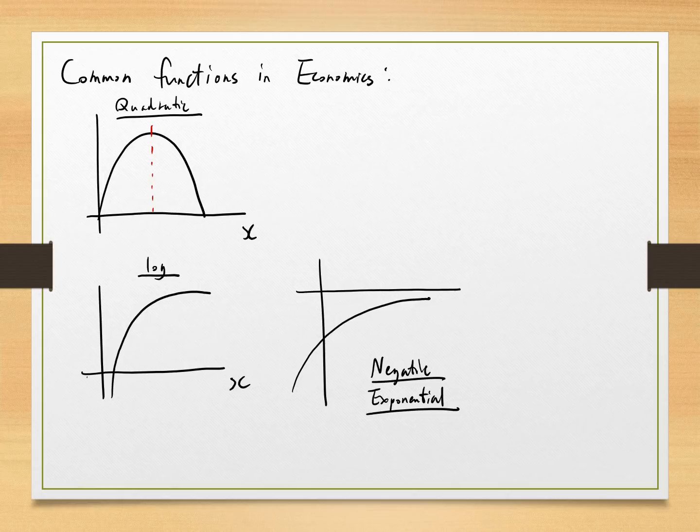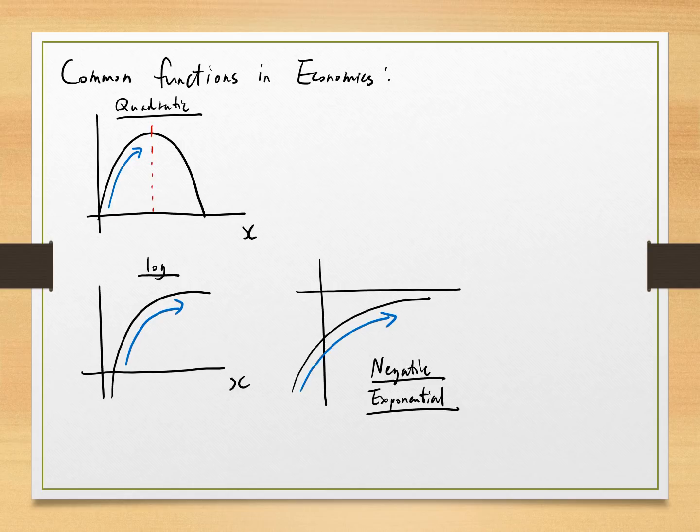Why do we keep using them for utility functions and profit and production functions? Because of the same reason. Look at how they increase. The way they increase, they are increasing slower and slower. That's the common property of all three of them.